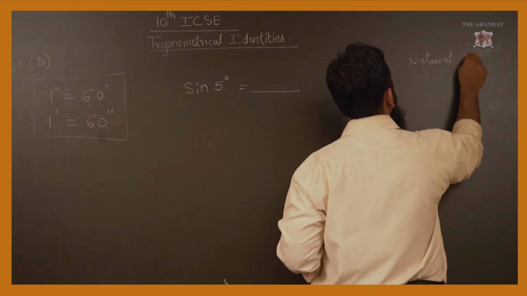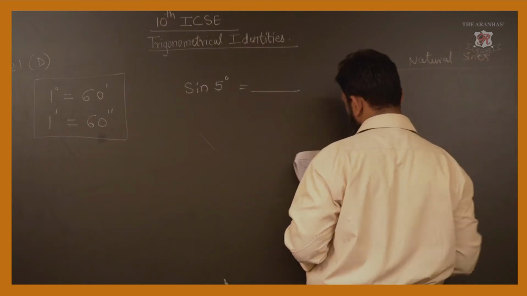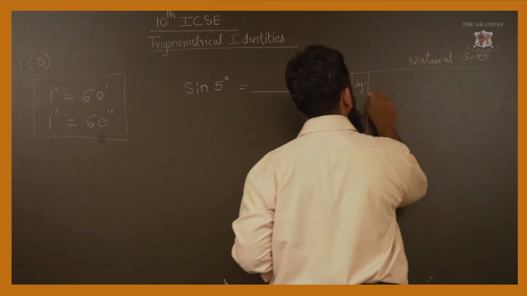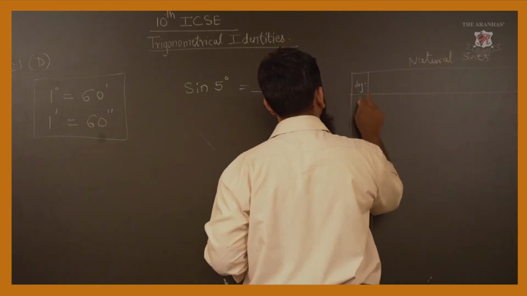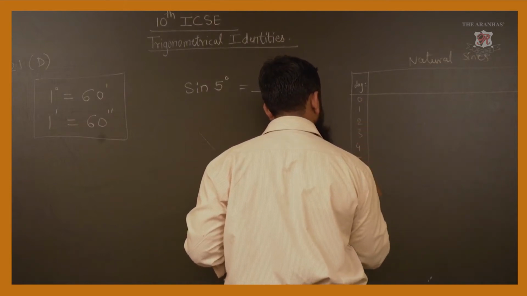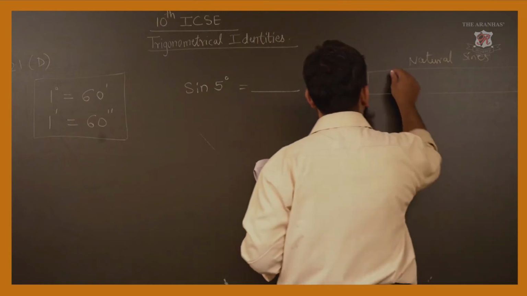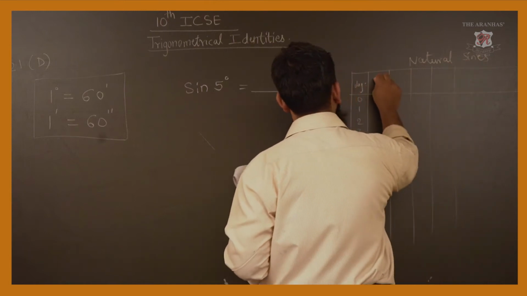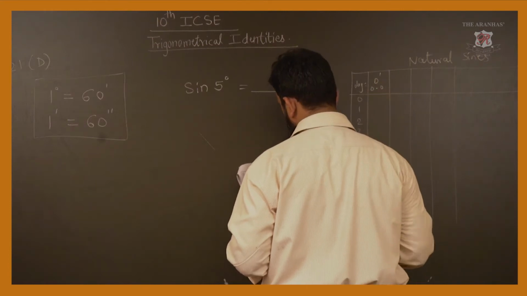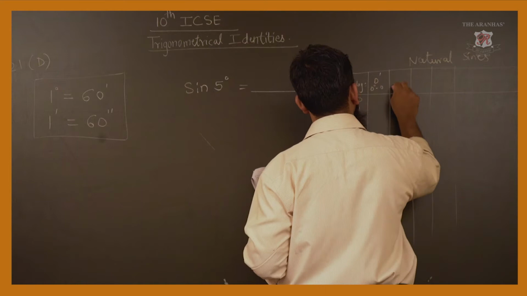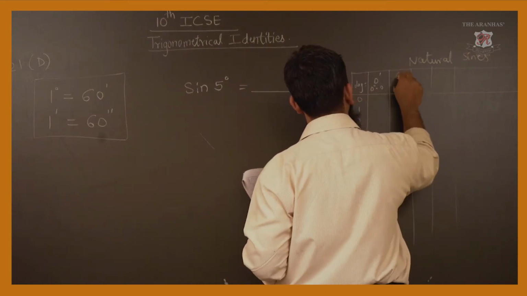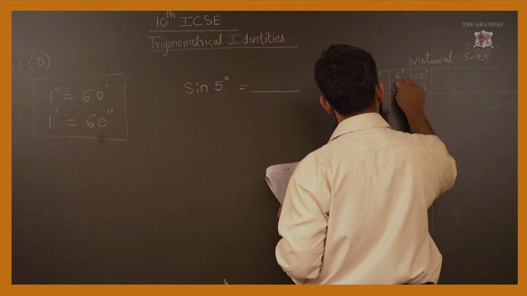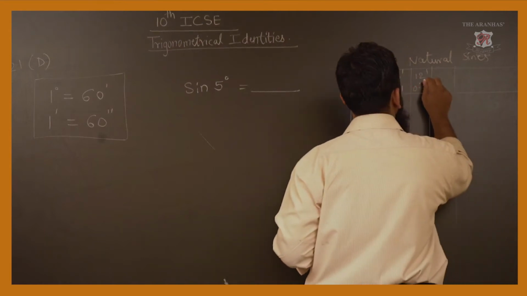I will show you the layout of this, how it looks. Here it is written natural sines, then the first column is about degrees: 0, 1, 2, 3, 4, 5, 6, 7 and this goes on up to 99, and then here you have the additional values of it, like 0 minute is 0 degree, 0.1 degree is 6 minutes, 0.2 degree is 12 minutes, and so on.